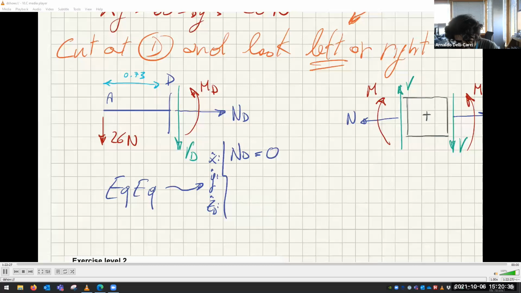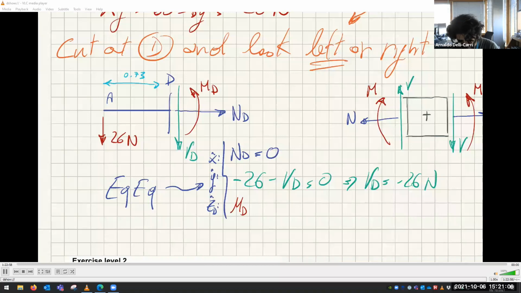VD is minus 26 because that's the only force that it must balance. The equation is minus 26 minus VD equals 0. But this equation is just VD. It's minus 26 newtons.